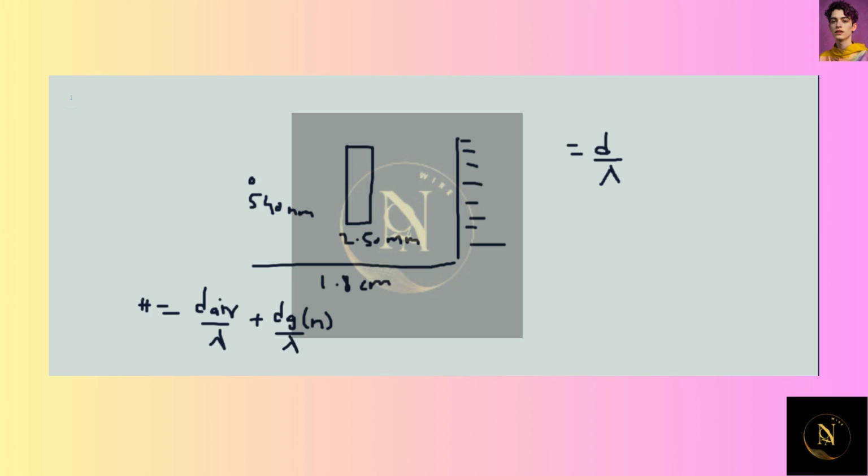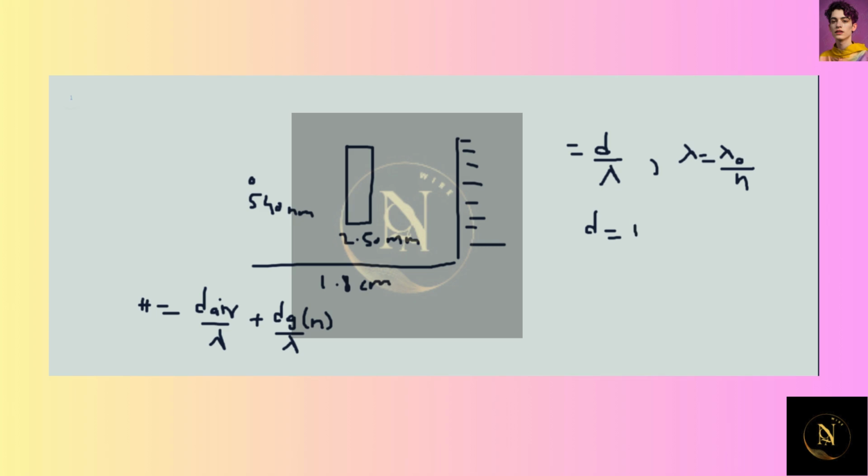We can write the wavelength in a material by this relation: lambda in a material is equal to lambda in a vacuum over the refractive index. Then we can find the distance in air by subtracting the distance of the glass from the total distance.